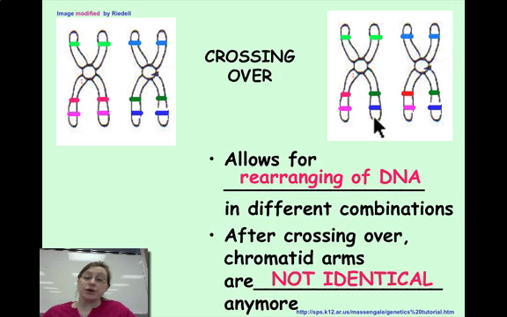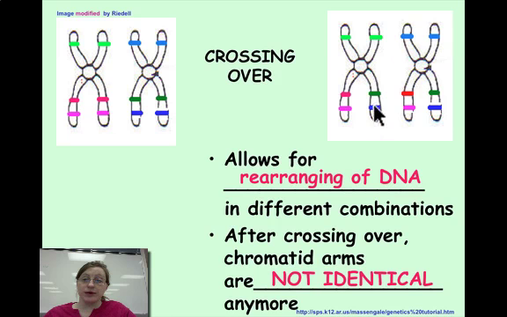But over here, crossing over has occurred between these 2 arms, and because of that, they are no longer identical. So if each one of these single chromatid arms goes into a separate cell, would any of those cells be the same as each other? The answer is no. This one would have pink, dark pink, and green as its chromosome combination.